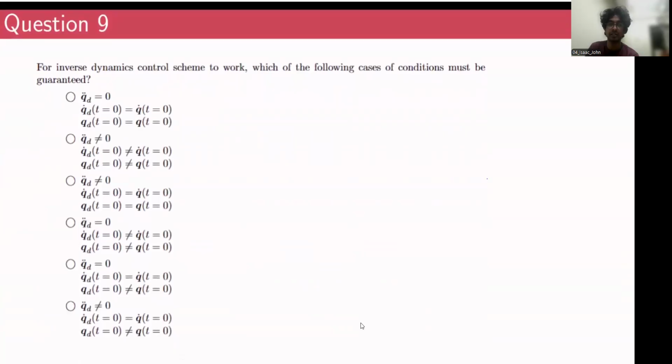This is a very similar question, but this time, instead of inverse kinematics, we deal with the inverse dynamics law.